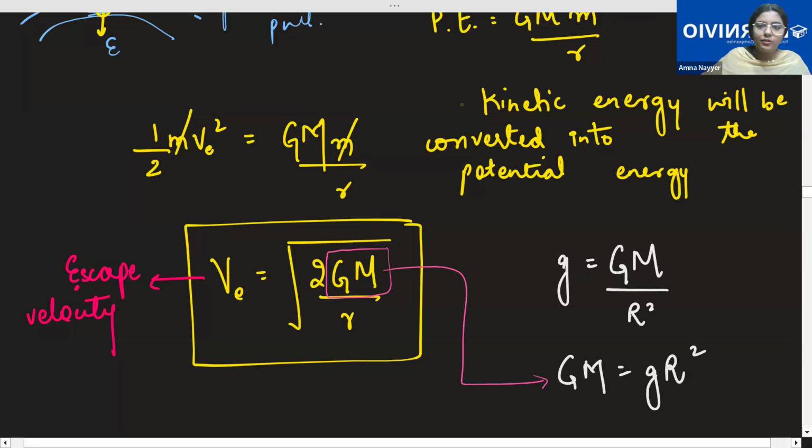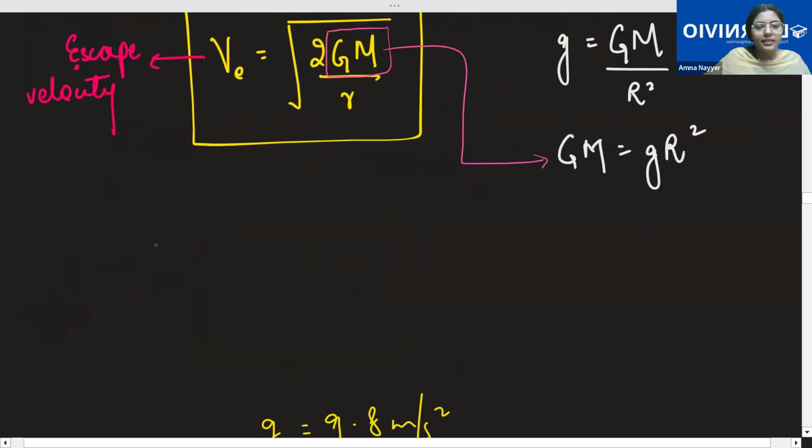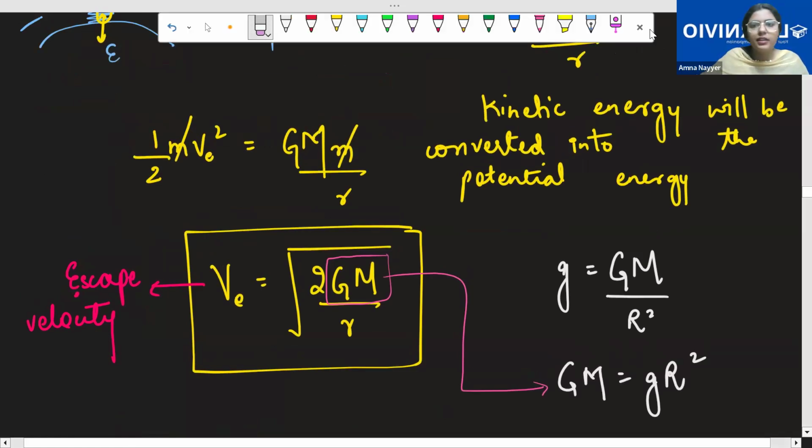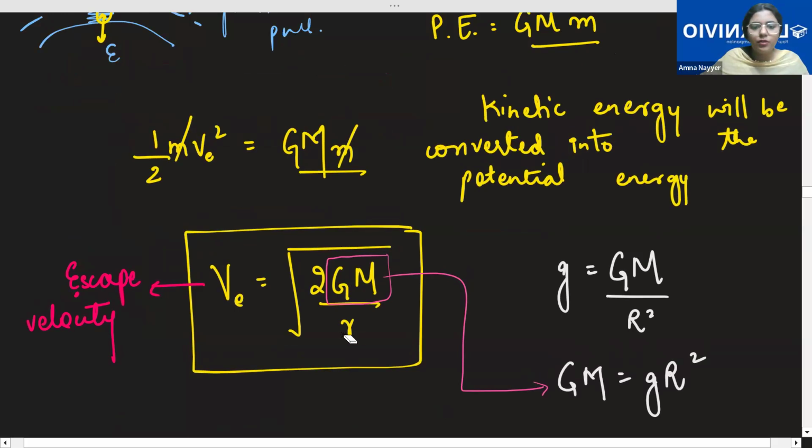Now let's put in the values here. So the escape velocity will be equal to 2 small g. We had taken small r, but this will be capital R, the radius of the earth. Let's take capital R here also, then only it will be uniform; small r at one place and capital R at another is incorrect.